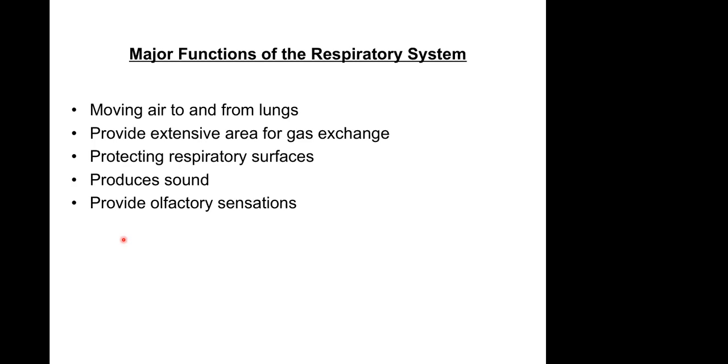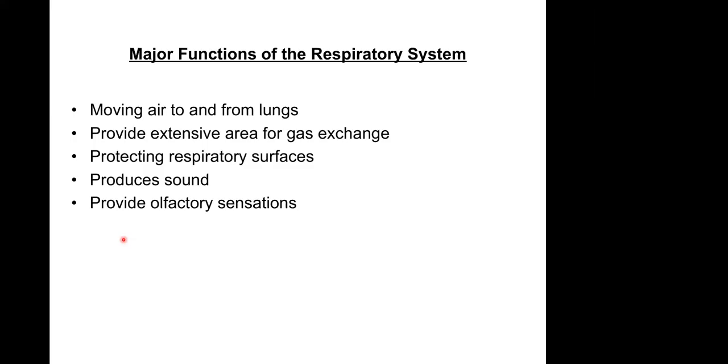Fourth, producing sound. This is a side function, meaning when air is traveling in and out, sound can be formed due to the vibration of a couple of structures called the vocal cords, which we're going to talk about later.